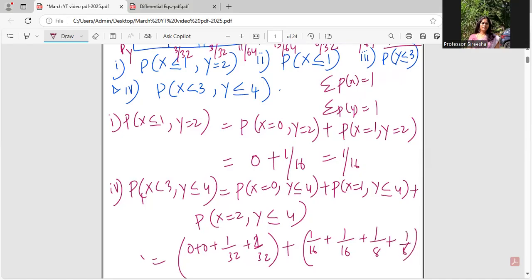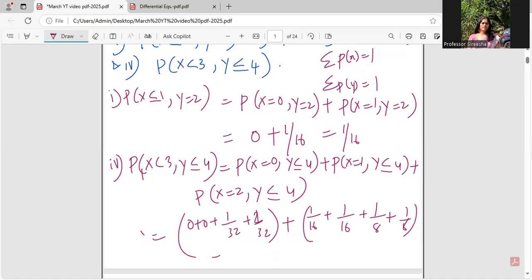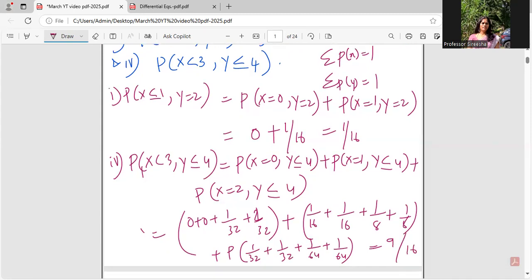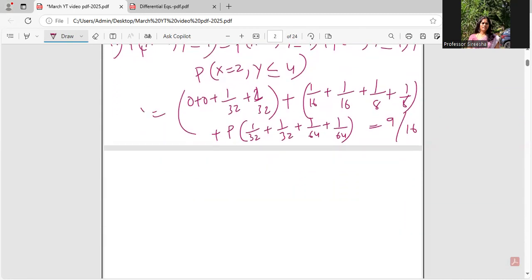Next, for P of x is equal to 2 and y less than or equal to 4: 1 by 32 plus 1 by 32 plus 1 by 64 plus 1 by 64. Like this, all values are there. You just need to add them and finally you'll get the answer. I have the answer by the way. It is 9 by 16. That's how I'll be solving the fourth one.